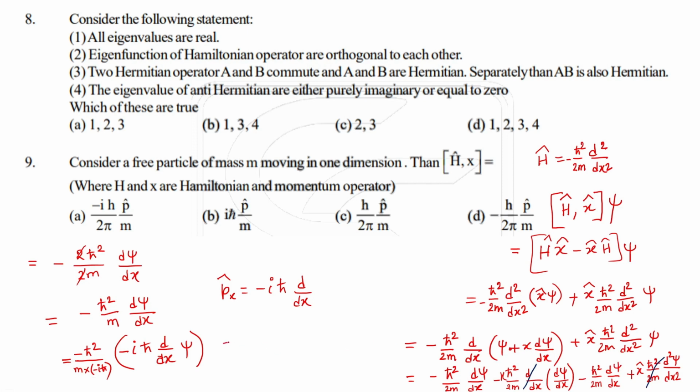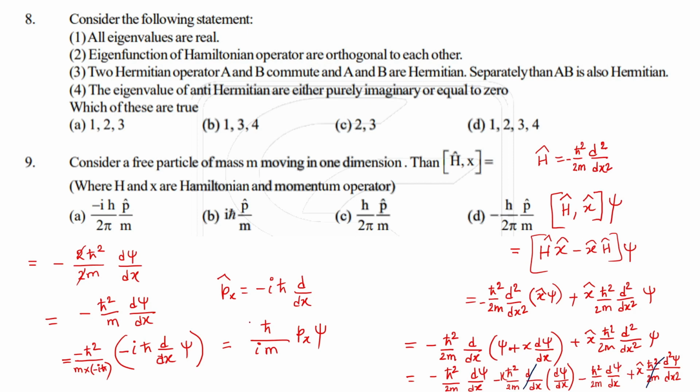Then minus minus gone, ħ gone, then I will get only one ħ, i/m, right, ħ i/m, and this is px operating on psi, right?